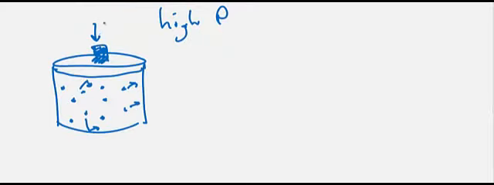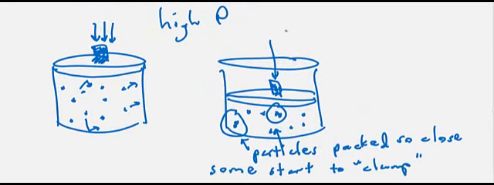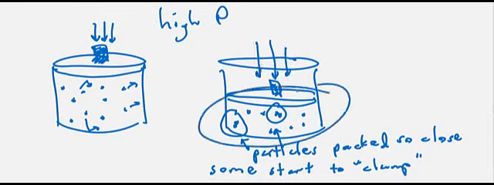High pressure works in that if we could take a container and squish the volume down, the particles end up in such close physical proximity that the attractive forces become strong enough, because they're packed so closely, to make the particles clump together.